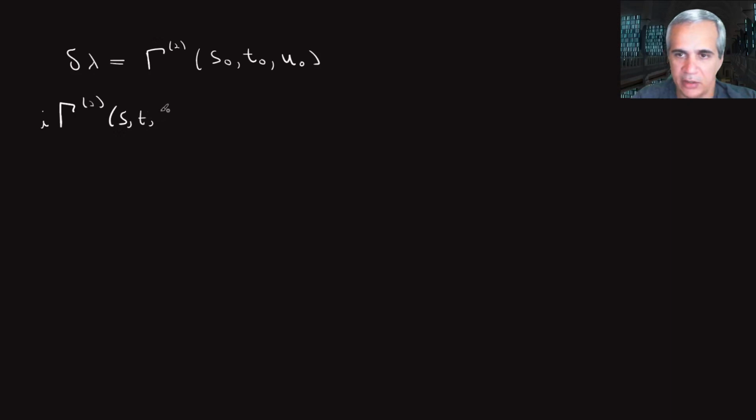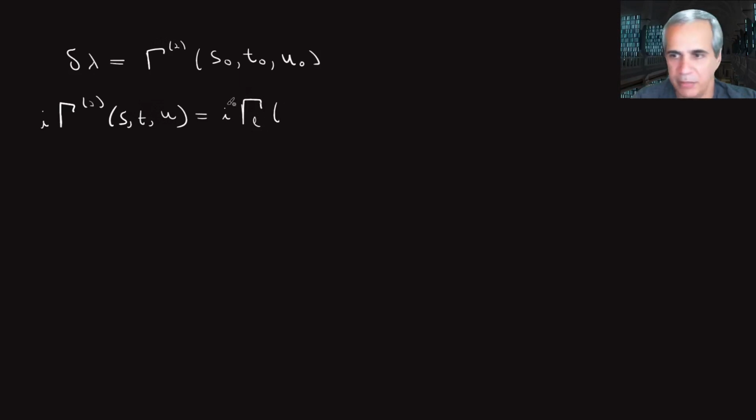We have seen that it implies that this counter term needs to be equal to the loop part of gamma 2 calculated at some reference point that so far I have called 0, t0, u0. And we also know that this 4-point loop function is given by this expression, which we have been calculating.